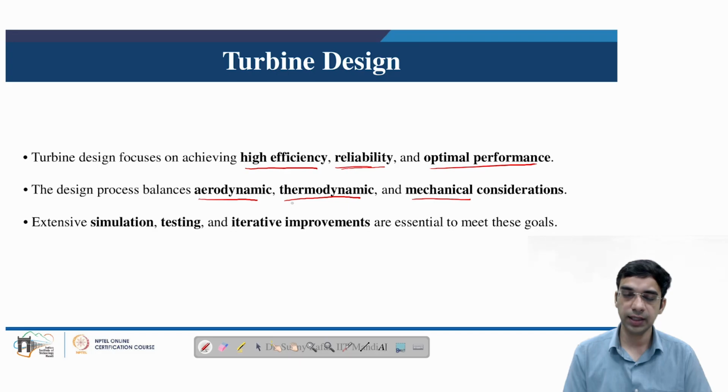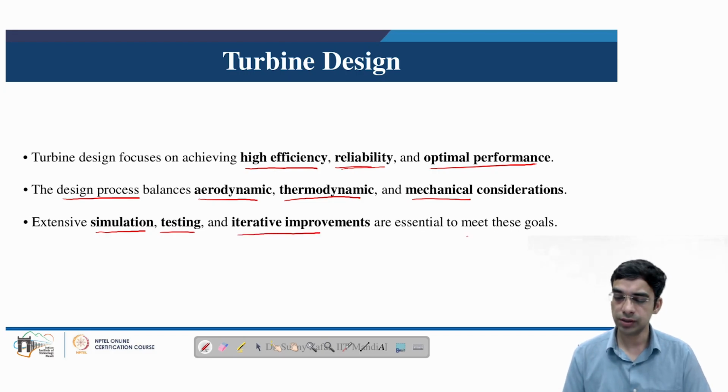We will look into the detail of these three considerations in the next few slides. And to achieve the balance of all these considerations during the design process, extensive simulation, testing at lab scale or prototype scale, and iterative improvements are essential to meet these goals.